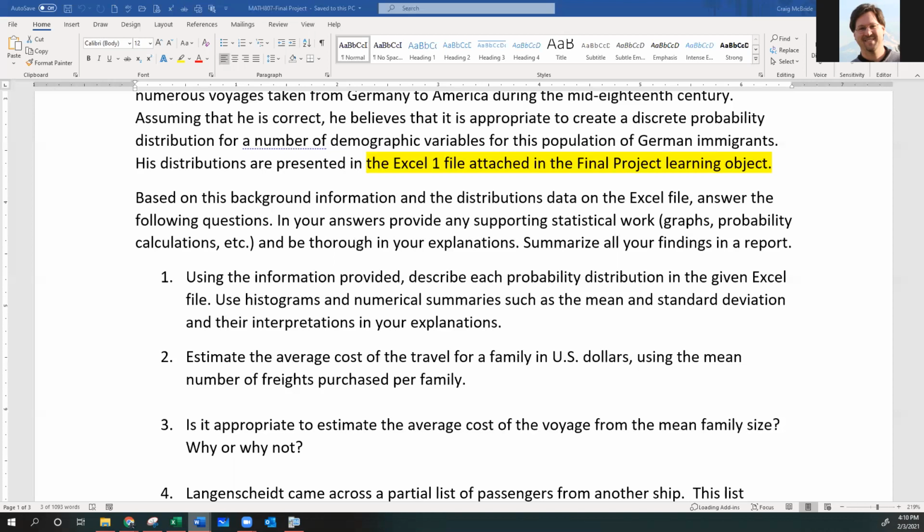I have Googled until my fingers were bloody trying to find how to get the standard deviation of a probability distribution in SAS. It seems to be the way that we're doing it, but it doesn't seem to be working. If somebody can figure it out, I would love to see it. But at this point, I would say don't worry about it.